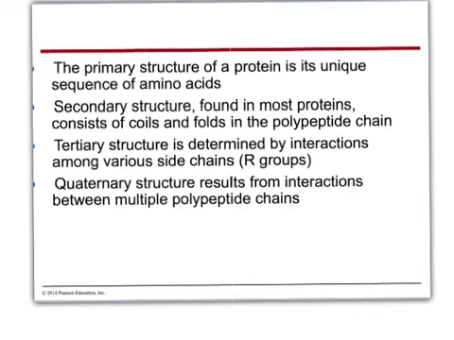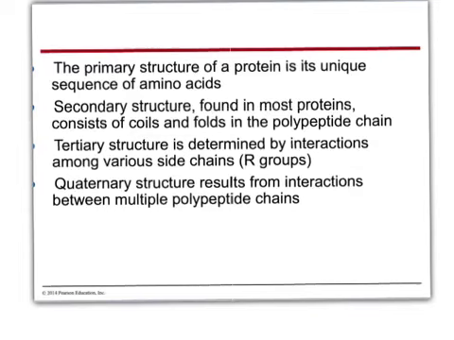That order determines protein A. Protein B may be amino acids 1 through 200, in a different order than the first 200 of protein A. That determines protein B, and so on.